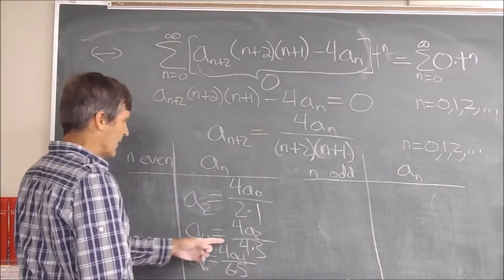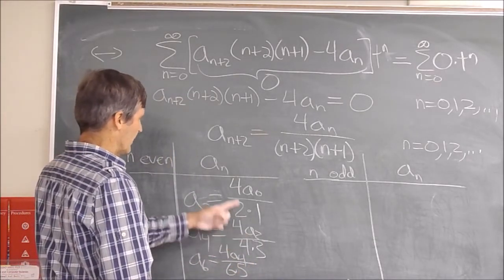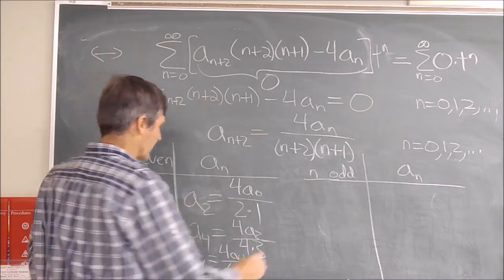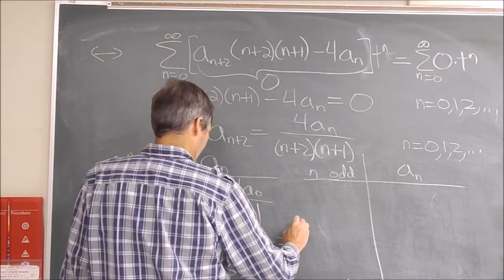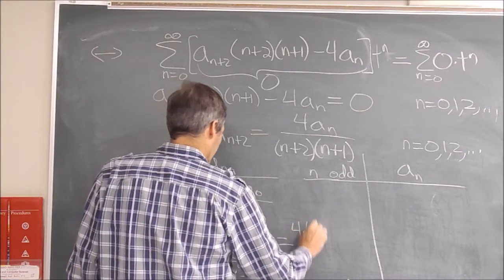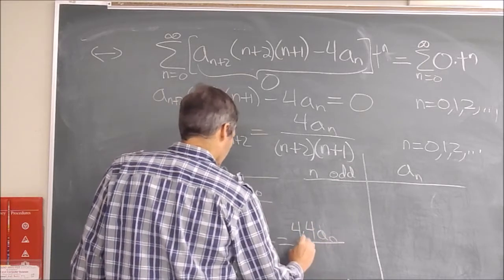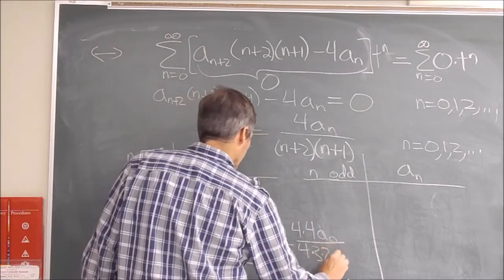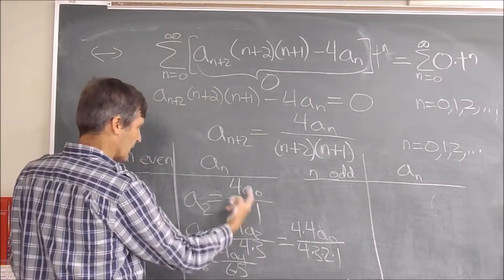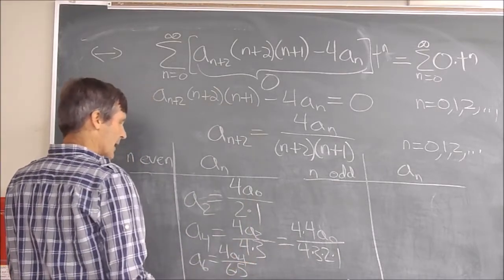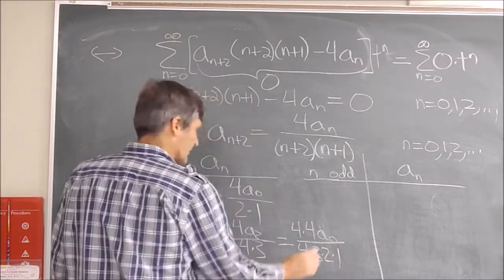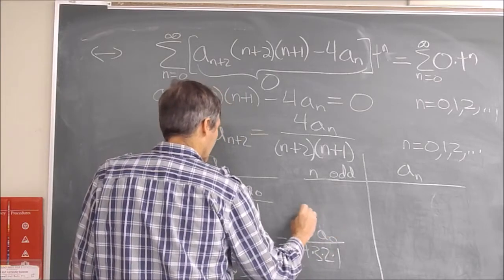And you can say, wait a minute, a2 is given by 4a0 over 2 times 1, so I can rewrite this as 4 times 4 times a0 over 4 times 3 times 2 times 1, putting this for a2 in here. And then similarly, this is just 4 squared now, right?